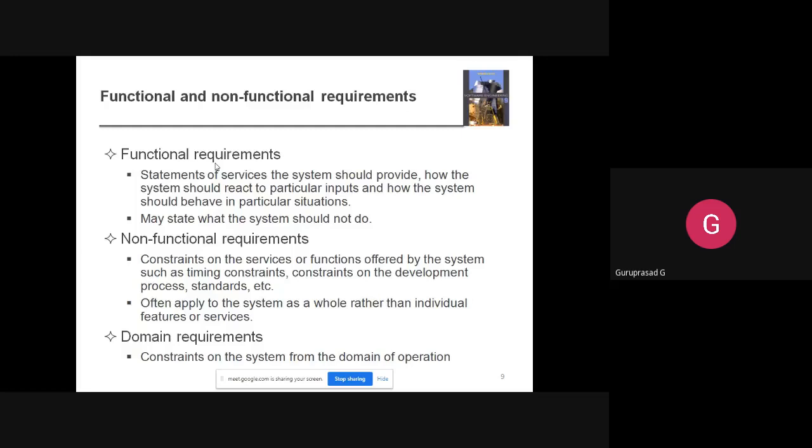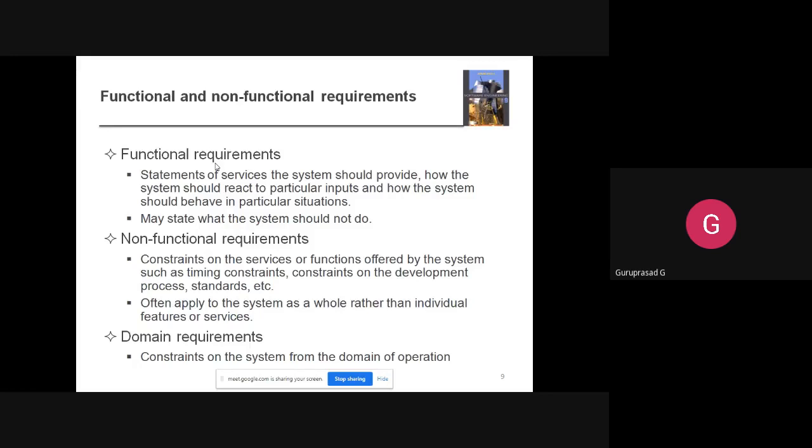When you give a particular input, what is the expected output? How the system has to behave in a particular situation, what services the system has to provide? All this comes under the category of functional requirements. What about non-functional? They are generally related indirectly to the services delivered by the system.